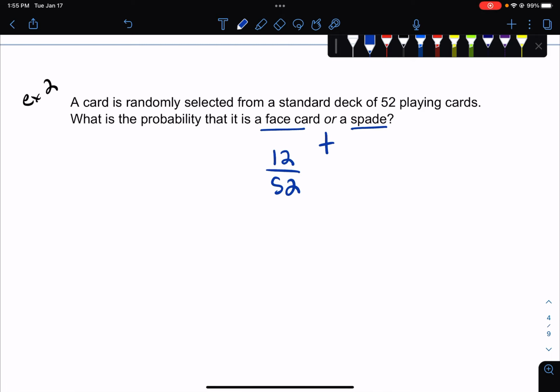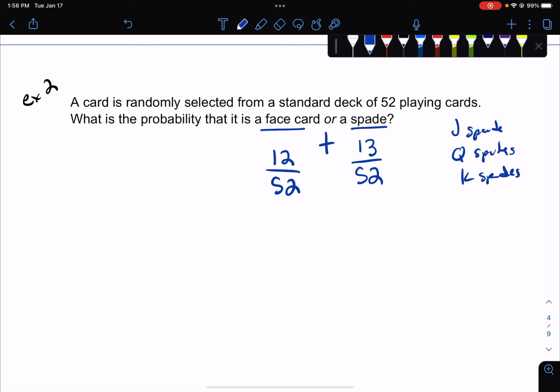And the probability of getting a spade, well, there's 13 spades out of 52 cards. But this one I've got to be careful about because some of them are face cards and they are spades. They fit both categories. There's the jack of spades, the queen of spades, and the king of spades.